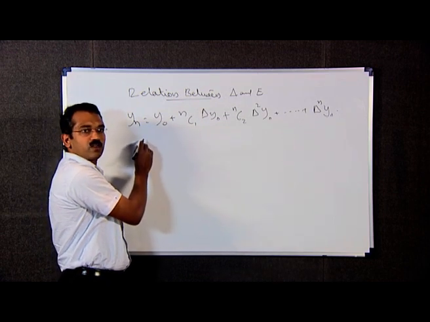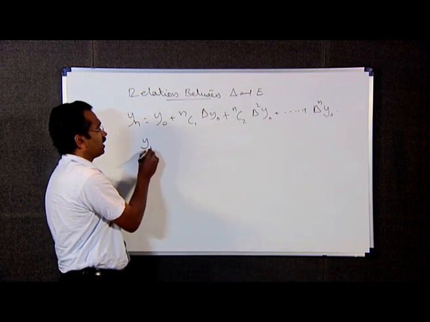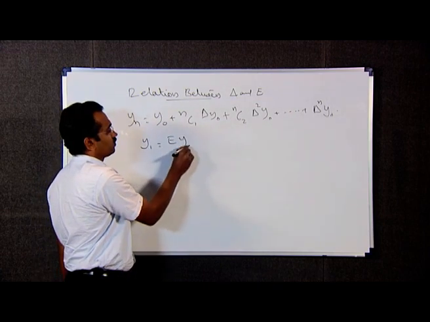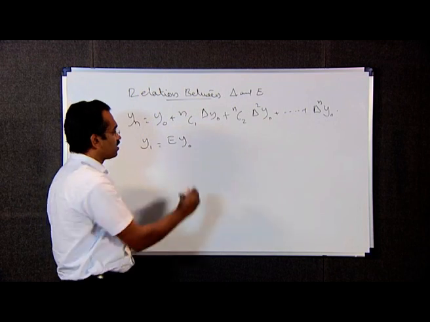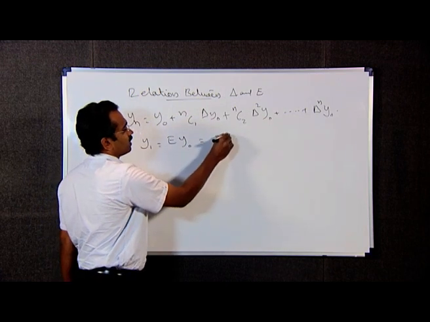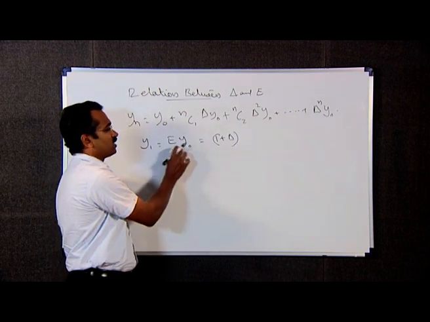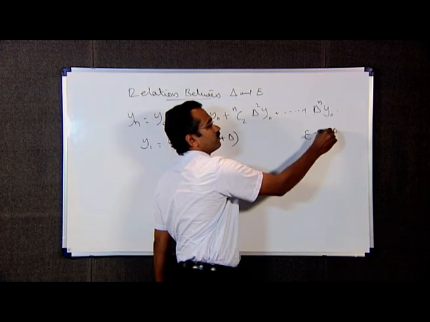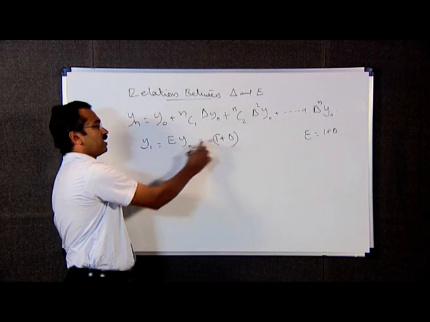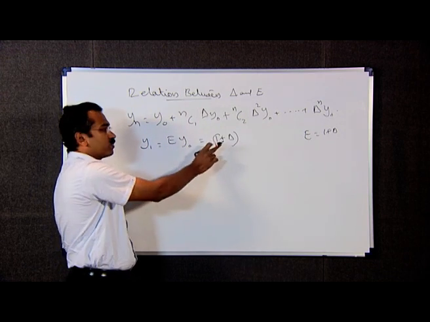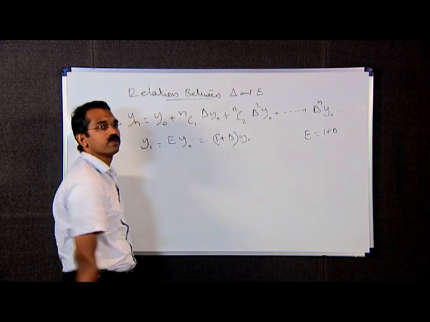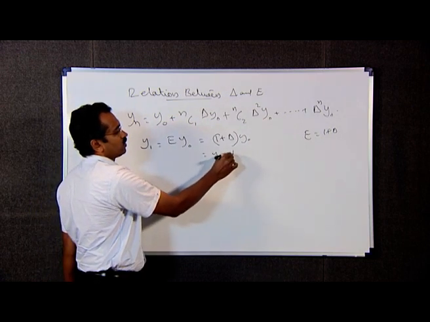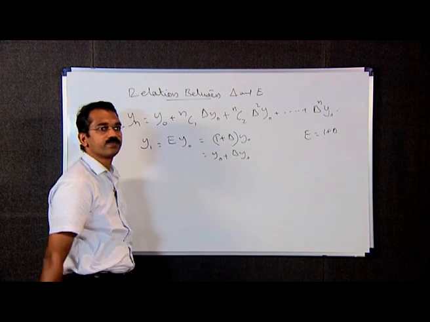By the definition of the shift operator, we can write y1 as E of y0. We just proved the identity E is equal to 1 plus delta. We use the identity here, E equal to 1 plus delta, on y0. That is equal to y0 plus delta y0.